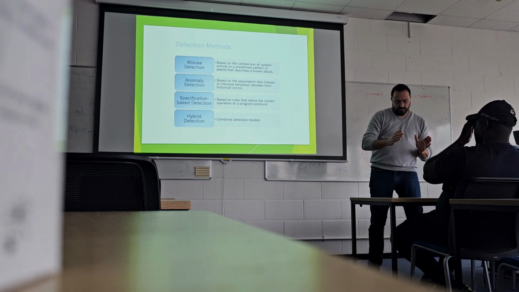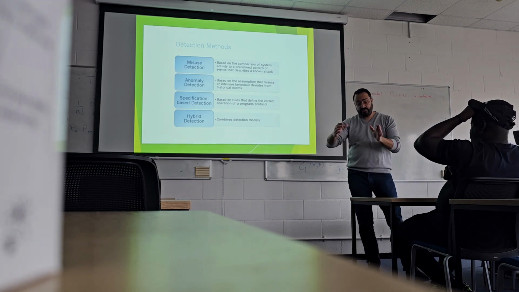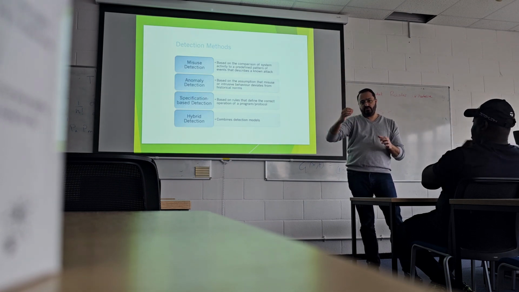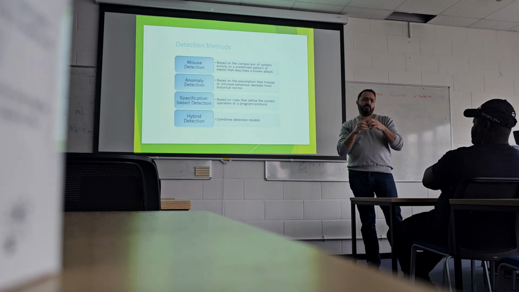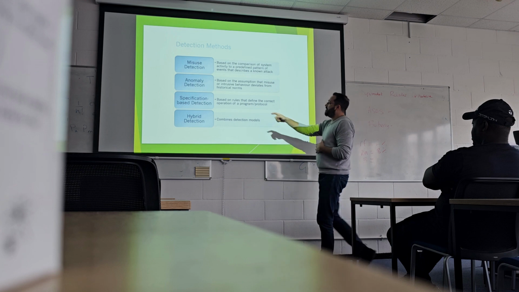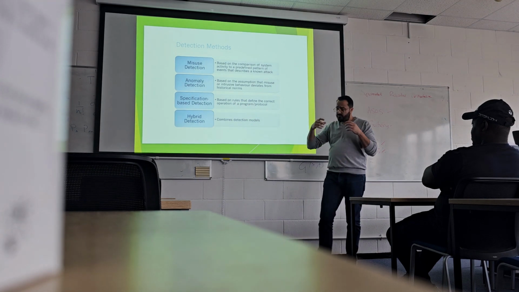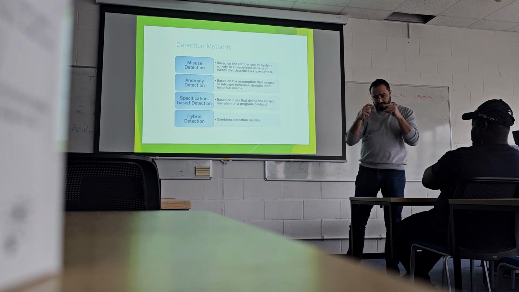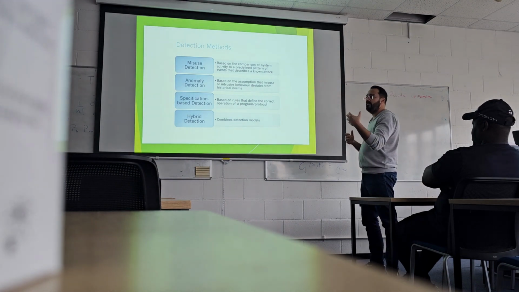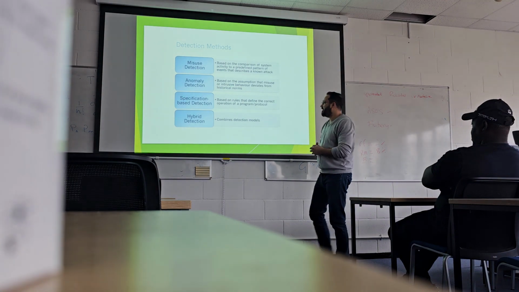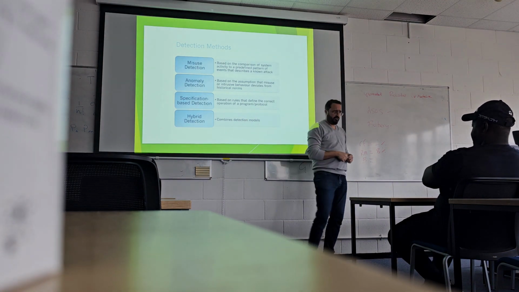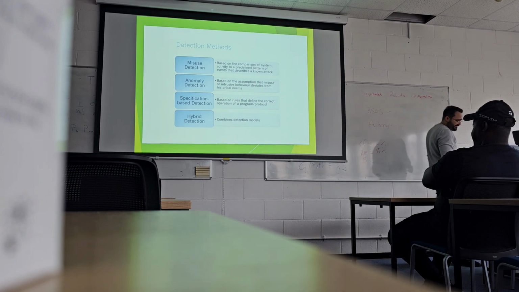So you have historical data on what's happening in these devices, with this amount of traffic coming in and going out, and whatever is outside this normal is an anomaly. Specification-based detection is based on rules: you have a specific rule which looks inside the packet to match it, like regex, etc. And hybrid detection is a combination of various detection modes.